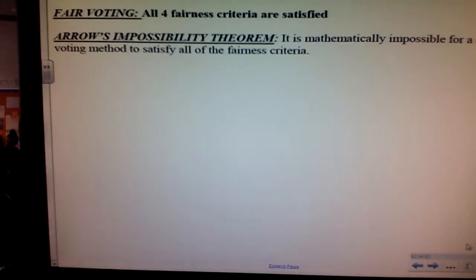Don't quote me on this, but I'm pretty sure it happened with Trump and Hillary. Hillary had the popular vote. She had more of your individual votes, but when it came down to the electoral college, it's who wins the bigger states.